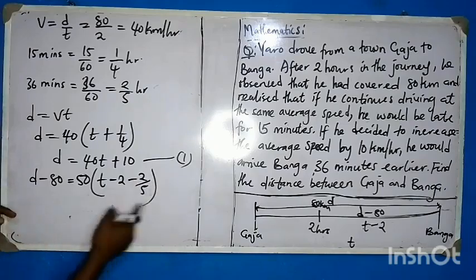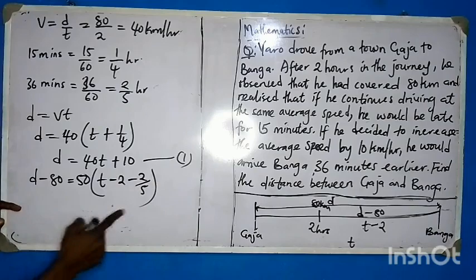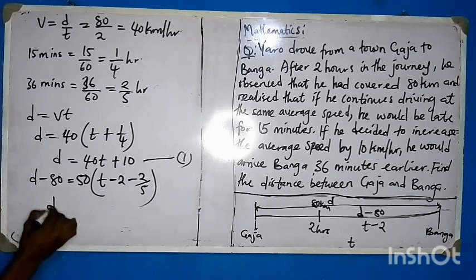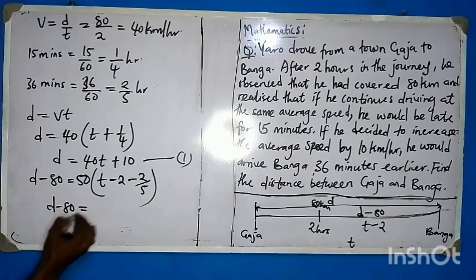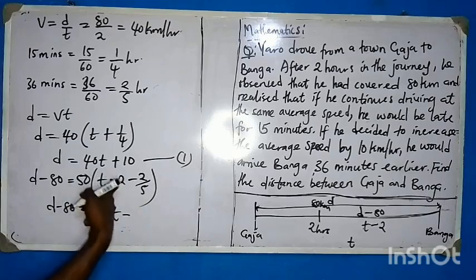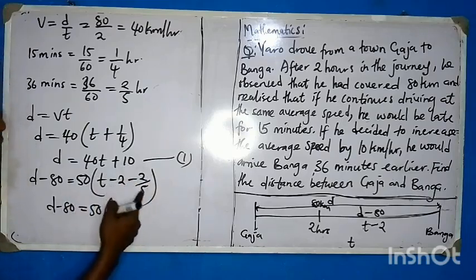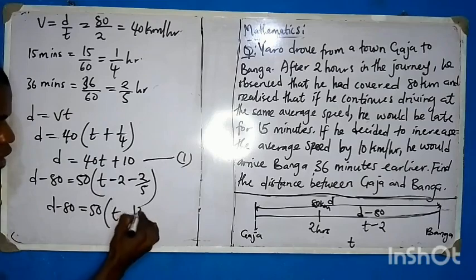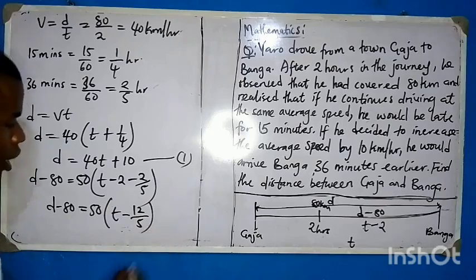Okay, let's simplify this and open things up. Now this is going to give us d minus 80 is equal to 50 into t minus 2 minus 2/5, that is 5 times 2 is 10, minus 2, 5 times 2 plus 2, that's minus 12/5. Alright, that's what we are going to get.